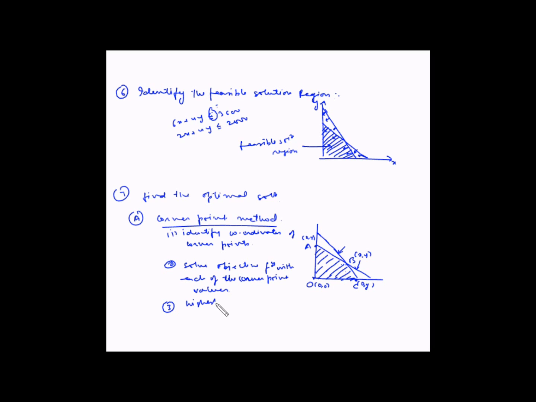So highest value of objective function in case of maximization, and lowest value of objective function in case of minimization. These would be the optimal solution.